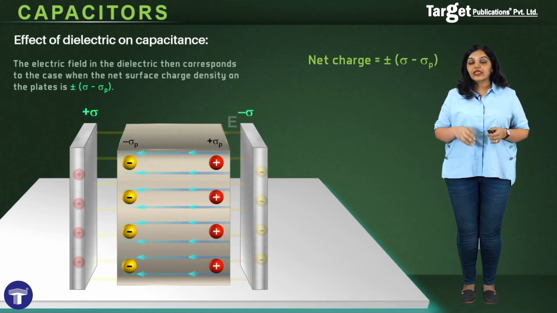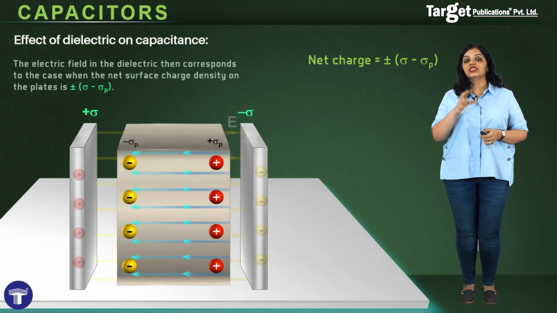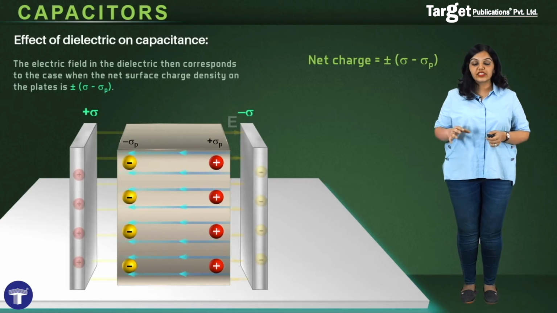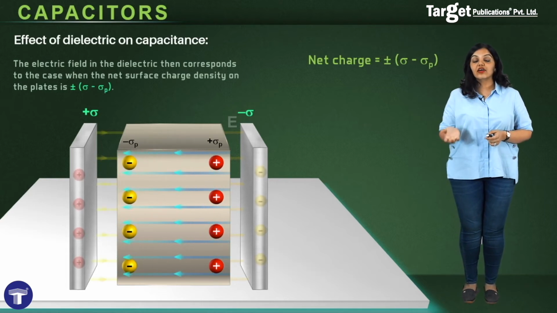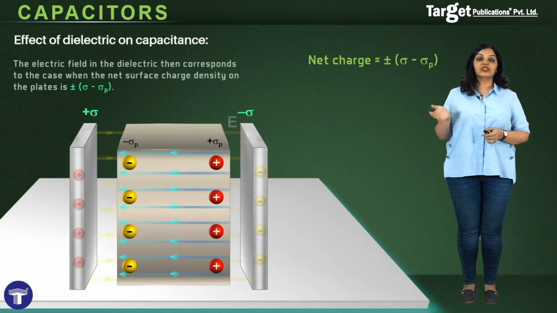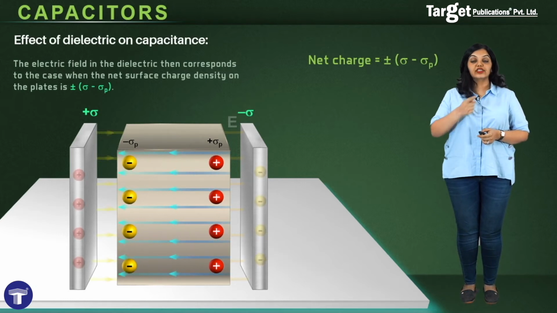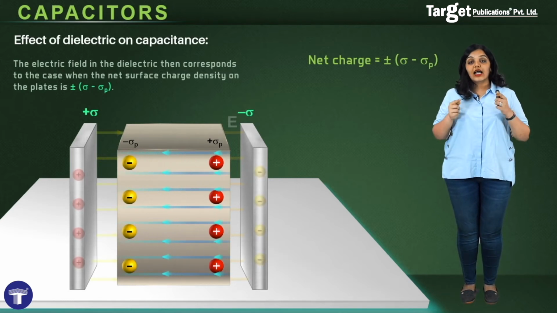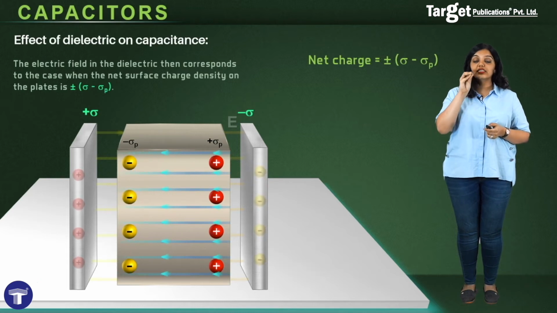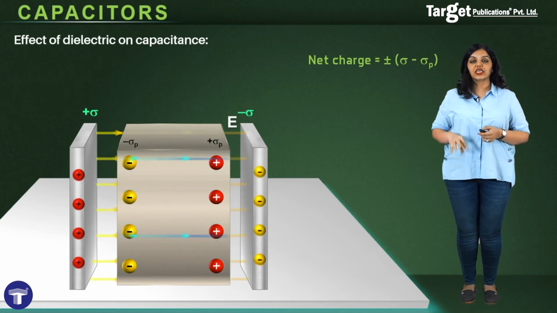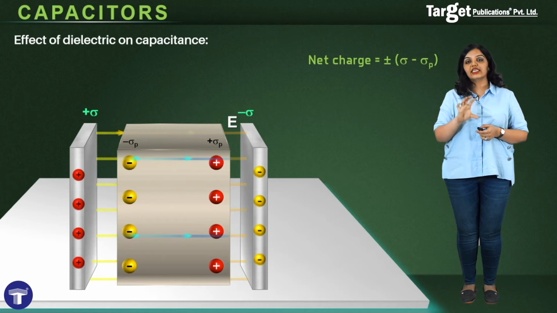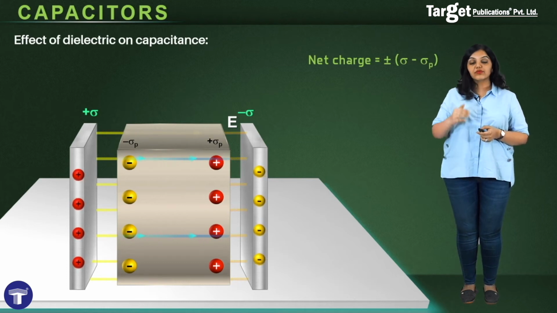We also know that because of these induced charges on the dielectric surfaces, there is an induced electric field, which is opposite to the external electric field due to the plates of the capacitor. Because of this, the total electric field inside the dielectric is reduced. You can see that the number of lines inside the dielectric have been reduced because of the dielectric polarization.